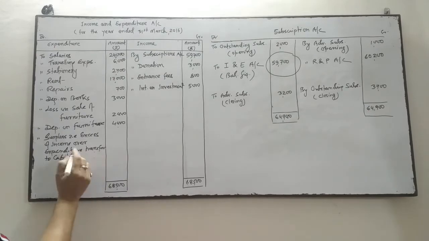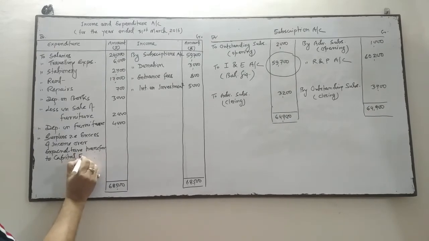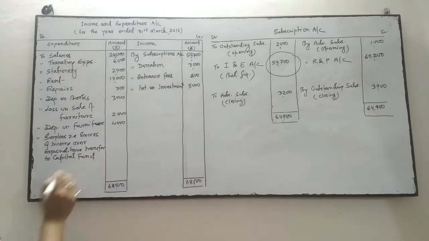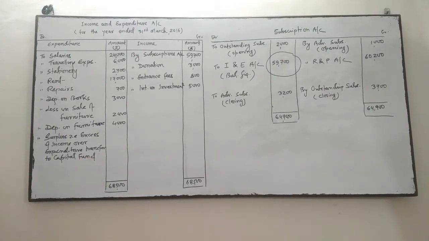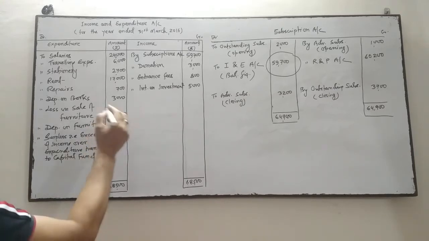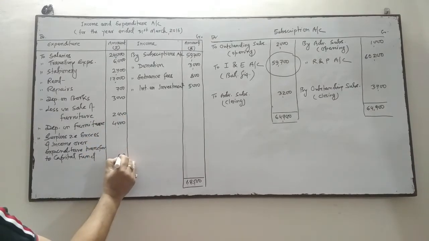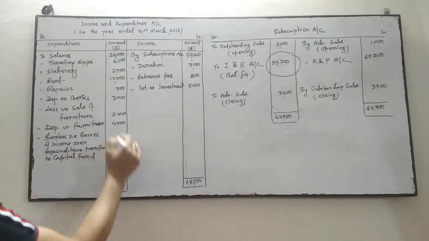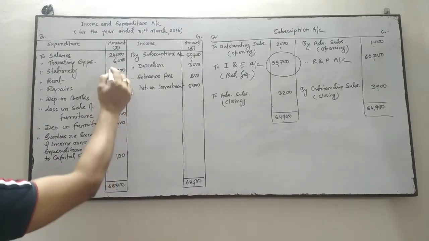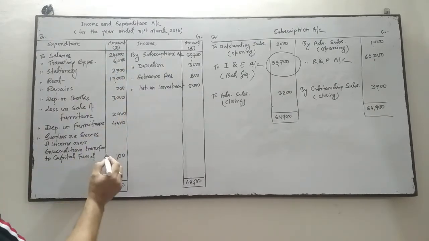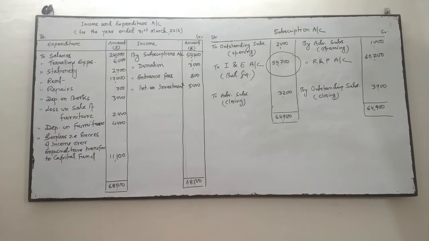Transfer to capital fund. So find out the difference amount, 11,100. So the income and expenditure account is completed.